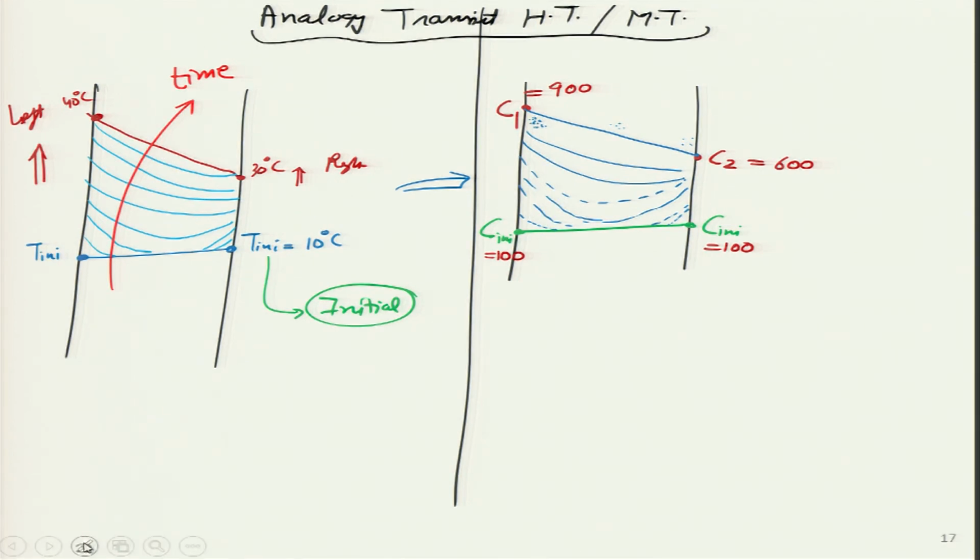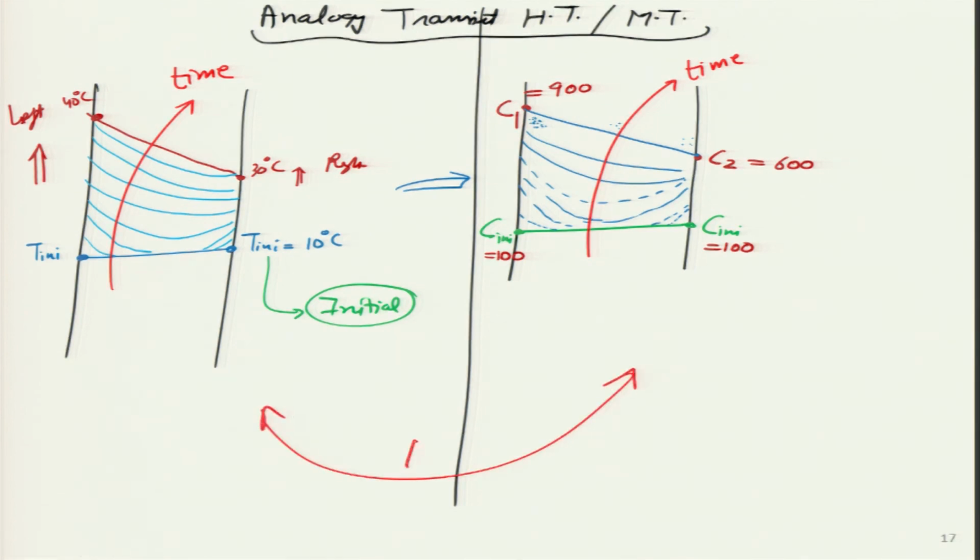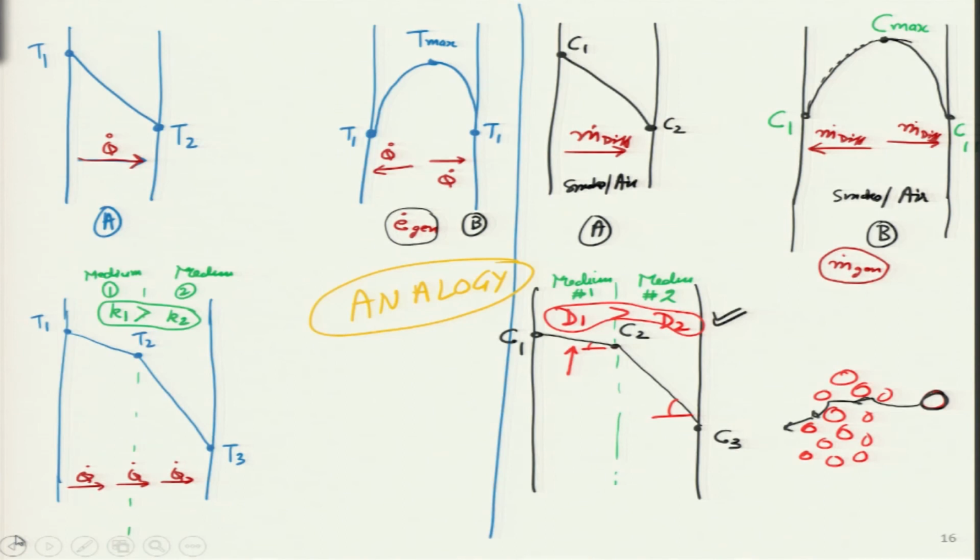And whatever we were drawing over here are functions of time. So, we have seen very nicely that there is a full analogy even for the transient case as well. And we have seen in the previous slide that for steady state, of course, there is a full analogy over here.